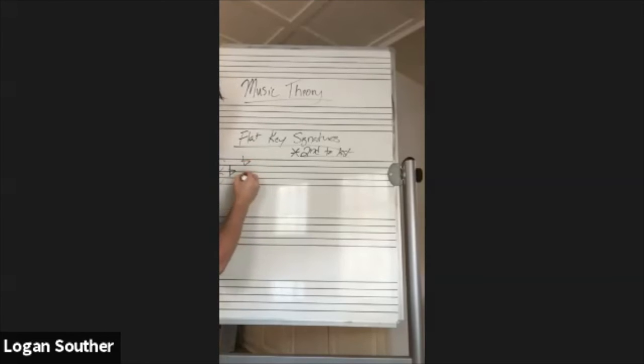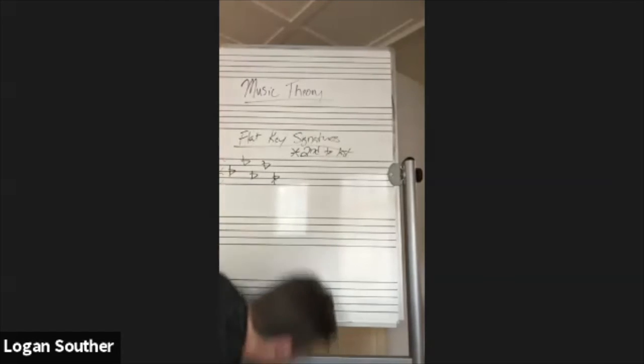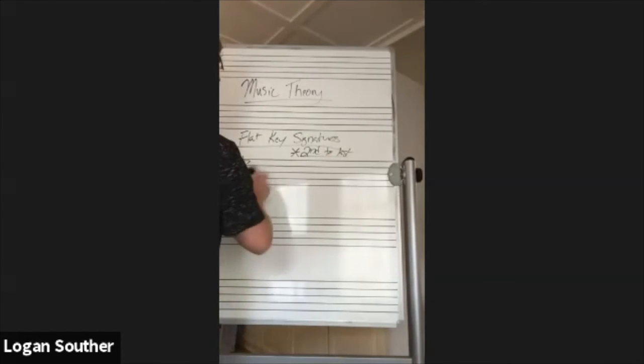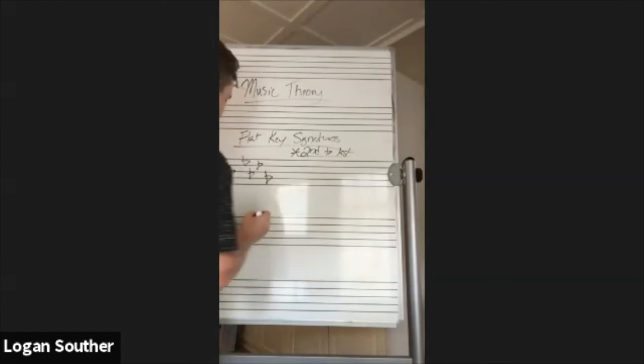So B, E flat, A flat, D flat, and G flat. So we're going to write a scale now that has 5 flats in the key signature. Let's go ahead and get started on that. If you could please get to work. Remember the formula that we use, as well as our tricks to know and name flat key signatures.